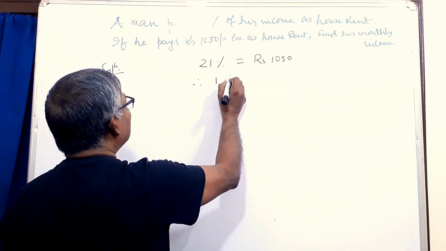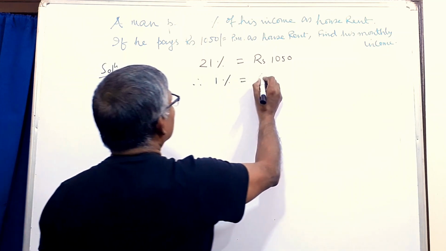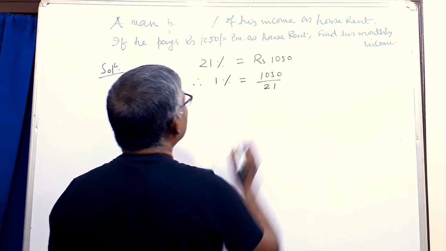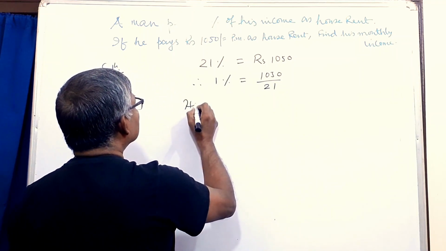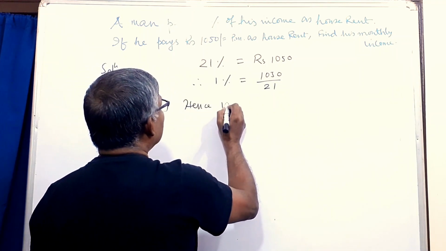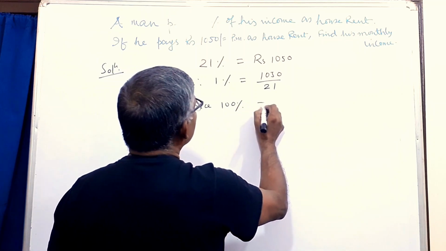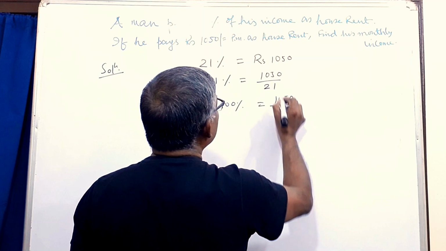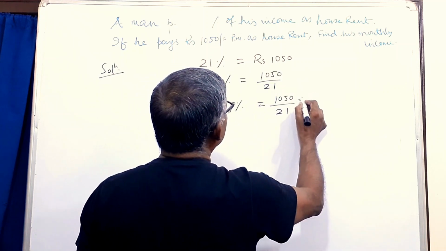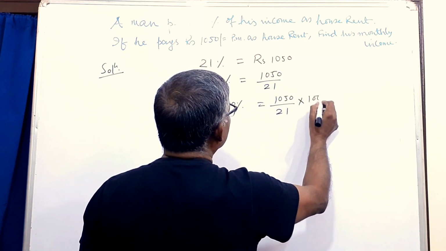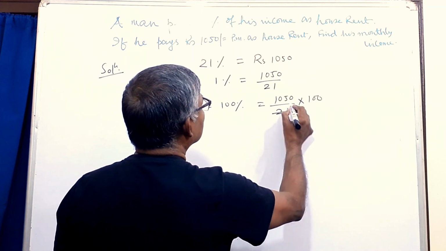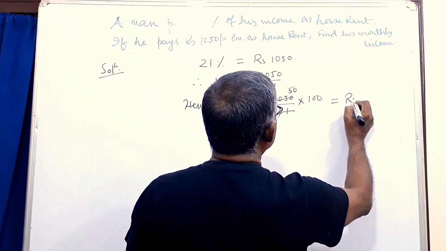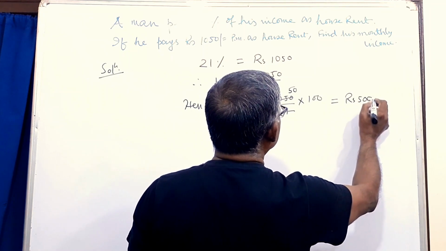Therefore, 1% equal to 1050 by 21. Hence, 100% equals to 1050 by 21 into 100. So it will be rupees 5000.